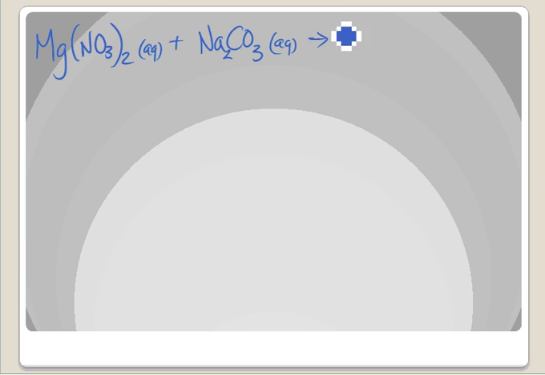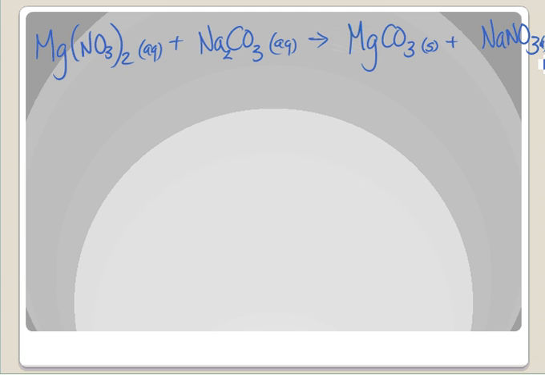So the two metals will switch places. So you will have magnesium carbonate plus sodium nitrate. You have to look up the solubility tables to find out which one will be the solid and which one will be aqueous, or if both will be aqueous. In this case, however, this one is insoluble, so it is a solid, and this one is aqueous. And I can't fit it in there, but I'll just put a little A.